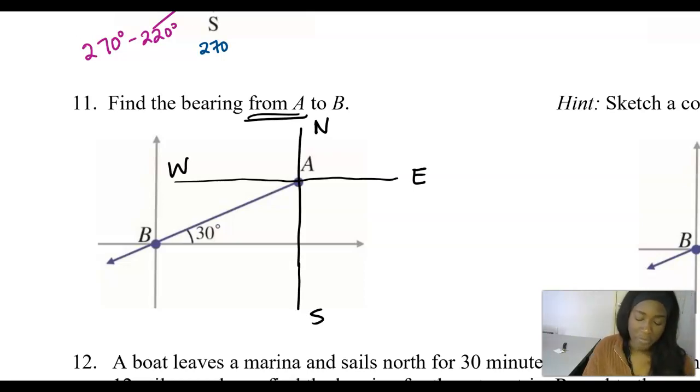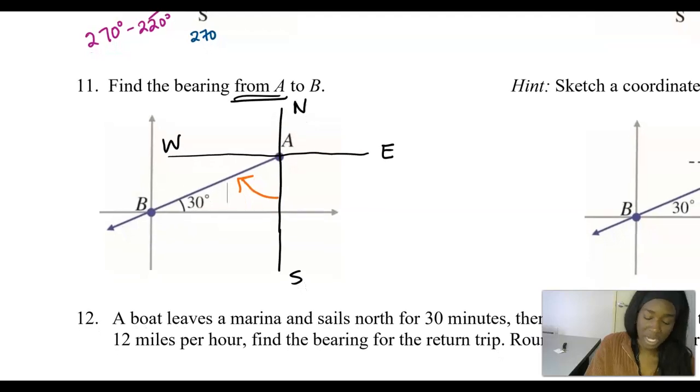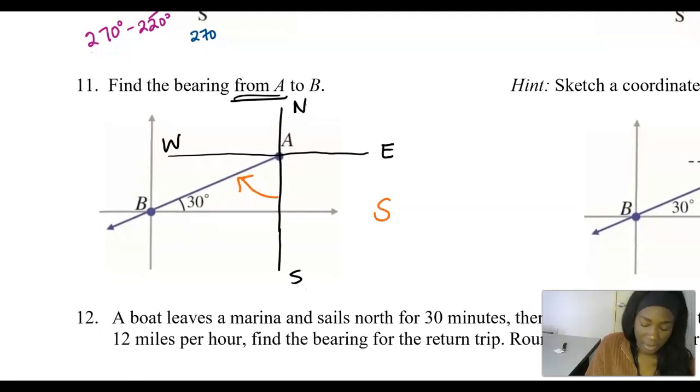We're still looking for the bearing from A to B. So I want to know what this bearing here is. We will have to come off south in order for that to be an acute angle, because if we had come off north to get to that ray, that is larger than 90 degrees. So just from that orientation, I can automatically tell this is going to be a south something degree west.